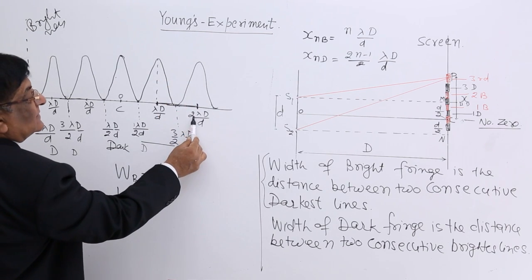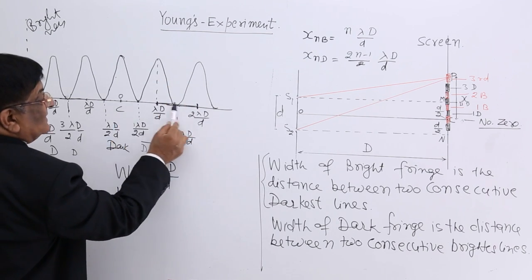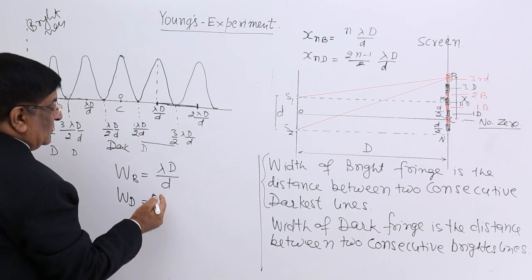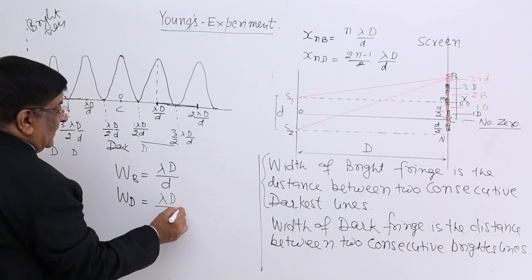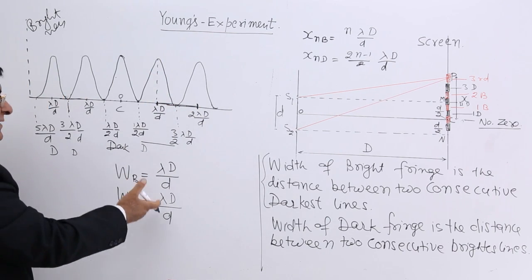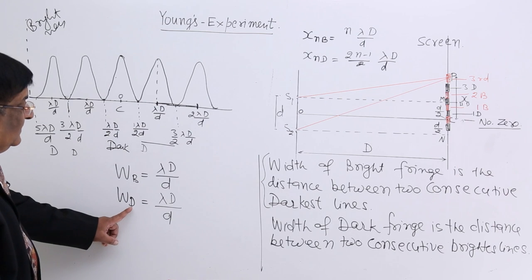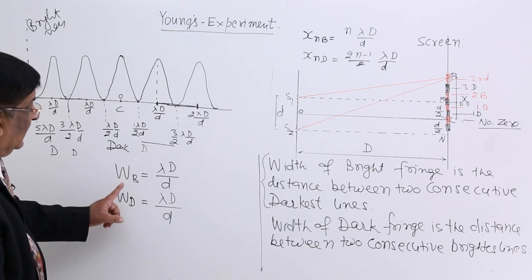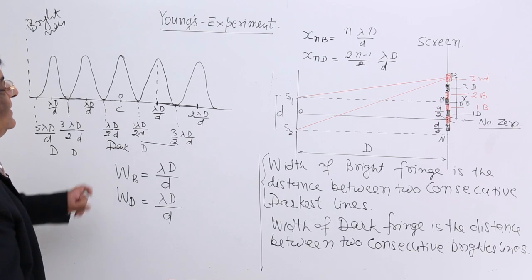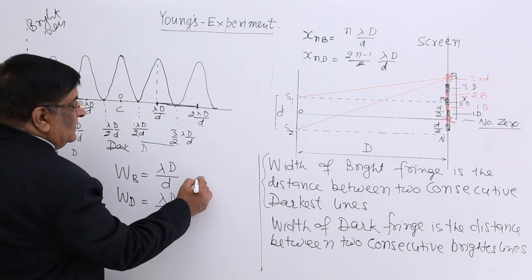How much is this? 2 lambda D by d minus lambda D by d, which is equal to again lambda D by d. You can do this subtraction anywhere and it will come the same. So width of the dark fringe is lambda D by d, and width of the bright fringe is lambda D by d. That means their widths are similar.